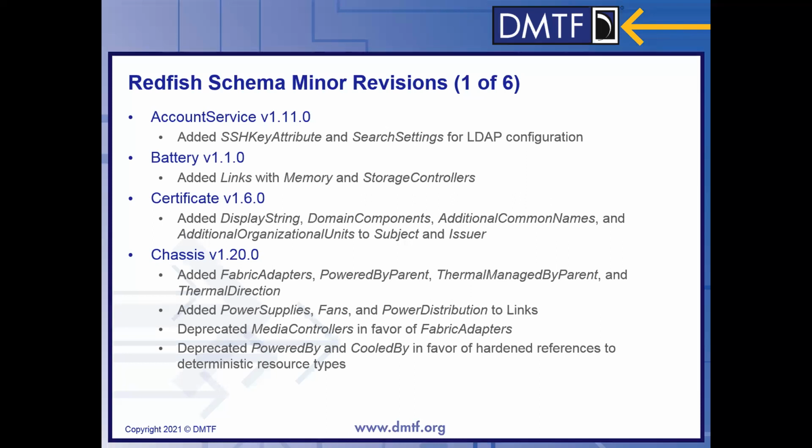While you can find the fan and power supply details in that chassis, power subsystem and thermal subsystem, the absence of those things could mean that they were just not implemented, or they were not present. So these new Boolean properties powered by parent and thermal managed by parent are a way to say explicitly that yes, I'm relying on the larger chassis that I'm contained within to provide my power and my cooling.